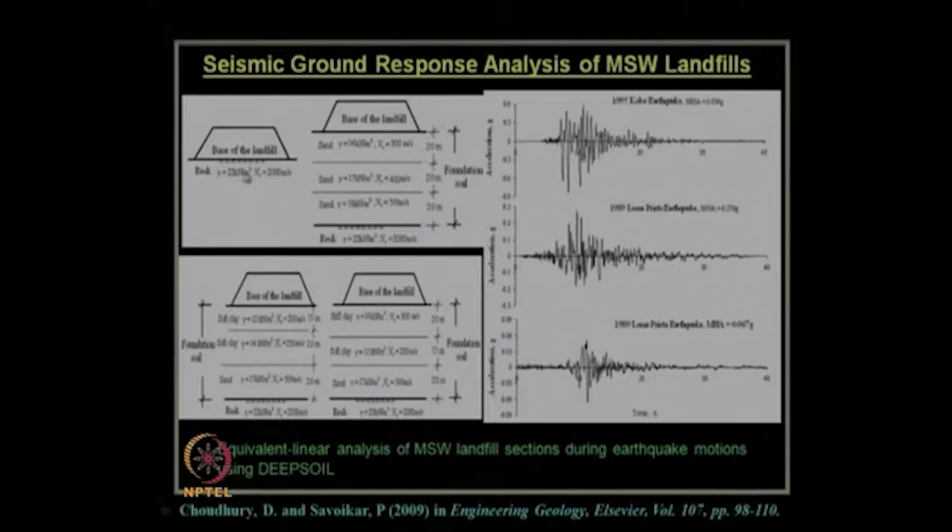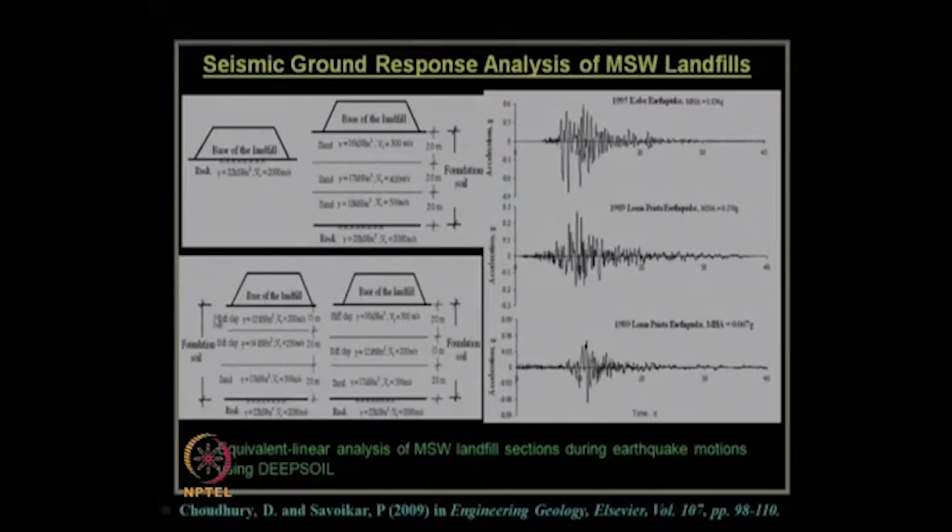A typical landfill like this was considered, and this is the base of the landfill, the height of the landfill, and the foundation material. Different types of foundation material were considered. This is on a rock type foundation, this is on foundation soil, various layers of soil with different values of gamma and Vs, followed by rock.